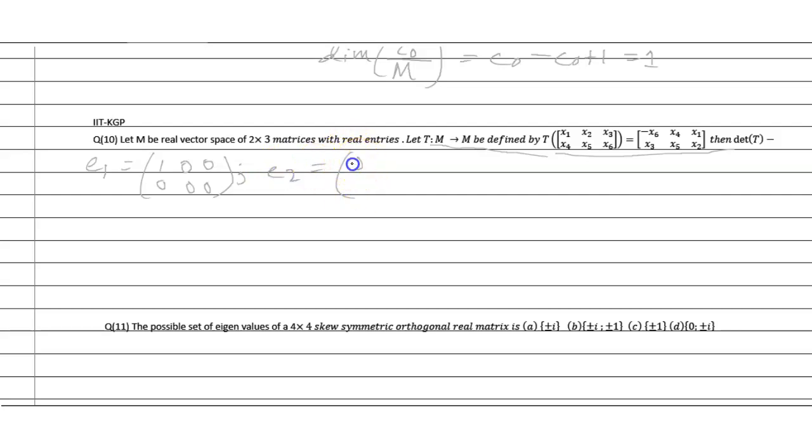is 0 1 0 0 0 0, and E3 is 0 0 1 0 0 0, and E4 is equal to 0 0 0 1 0 0, and similarly E5 is equal to 0 0 0 0 1 0, and E6 is equal to 0 0 0 0 0 1.